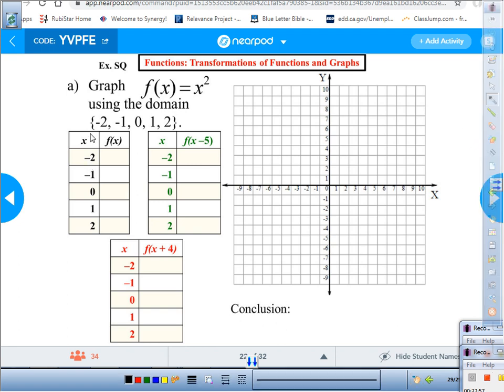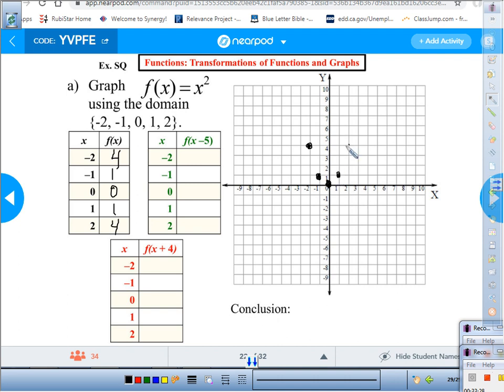So as we are writing the first table, the rule is x squared, yes? So what is -2 squared? 4. What is -1 squared? 1. 0 squared? 1 squared? And 2 squared? 4. Okay, let's plot that. -2, 4. -1, 1. 0. 1, 1.